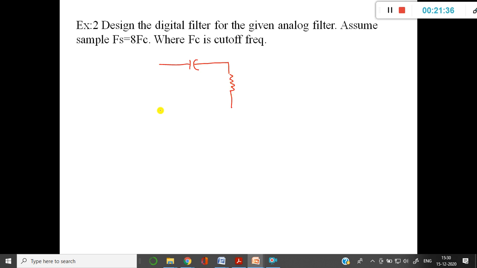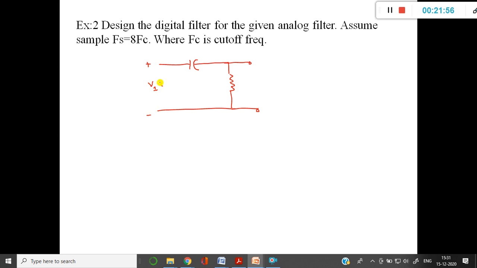I took a very simple example here. I think you might have seen this circuit while studying modulation and demodulation techniques in your communication lab.